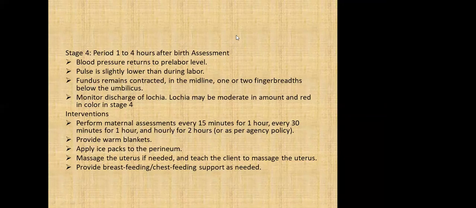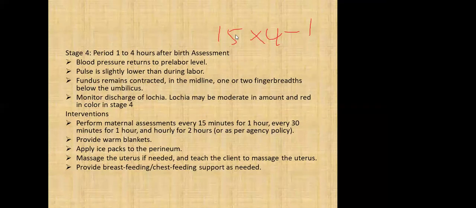Then the second hour, you do assessment every 30 minutes. So that will give you 2 assessments. And then the last 2 hours, you do it hourly, and then you get the 4 hours. So look at it very well. In the first hour you do 15 minutes, that is 4 times, and you get 1 hour.